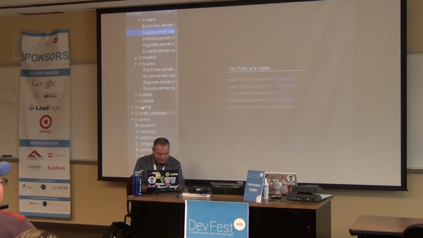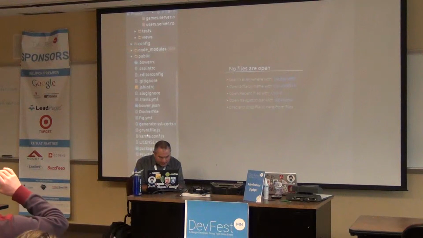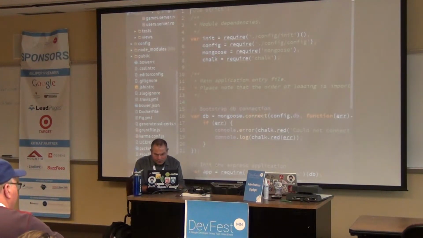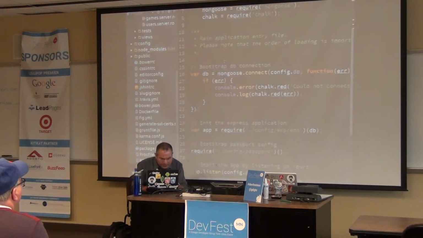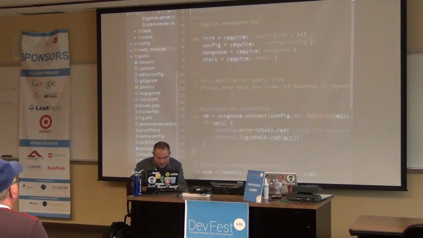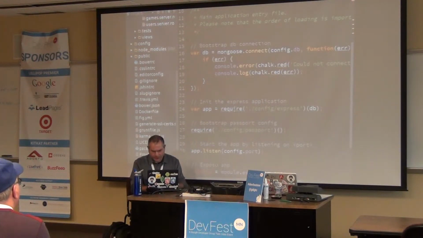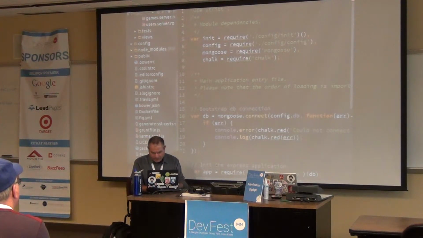So let's take a look first at the server file. The first things are the module dependencies. This is an app.js, server.js. So we're doing a bunch of requires. Mongoose is the one I mentioned earlier. This is your database connection.